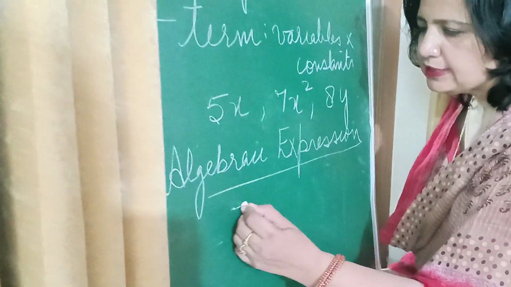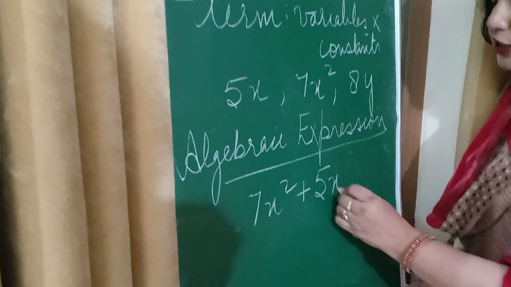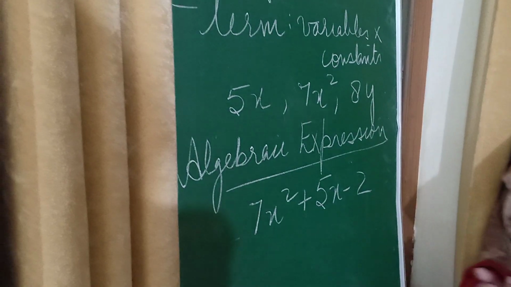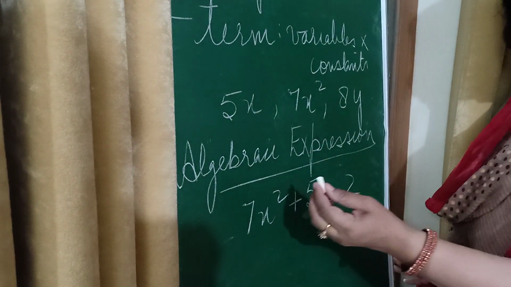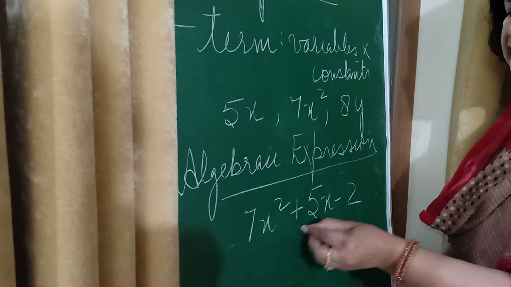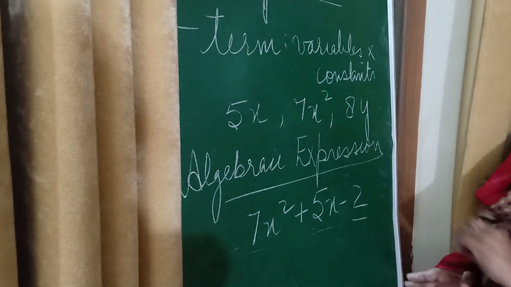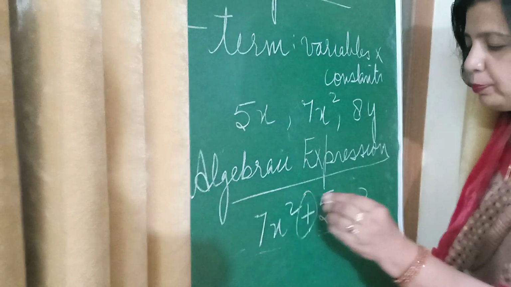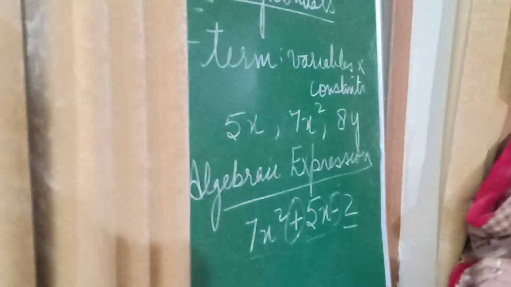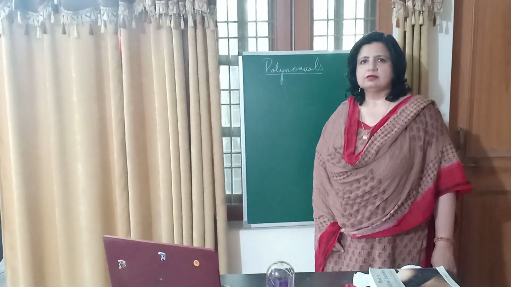For example, 7x square plus 5x minus 2. This is an algebraic expression. It is made up of variables and constants. We have three terms here, along with two mathematical operators. These two are mathematical operators.